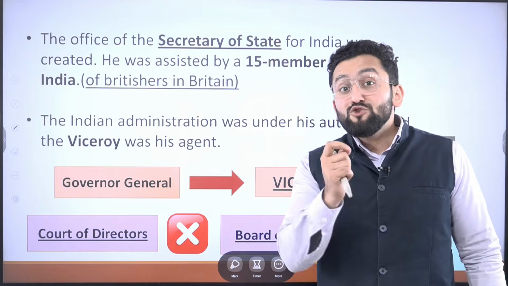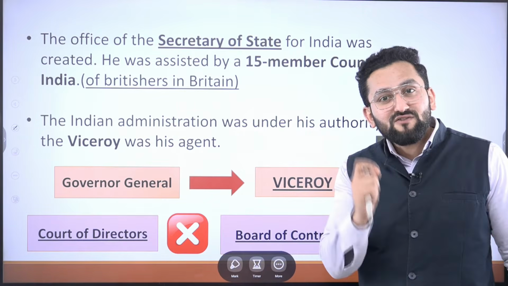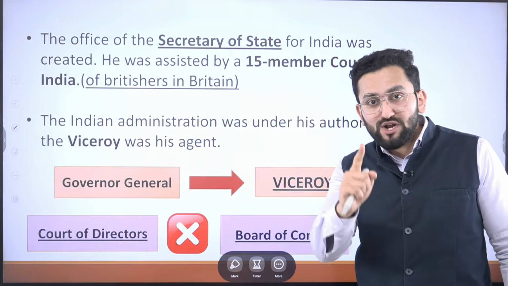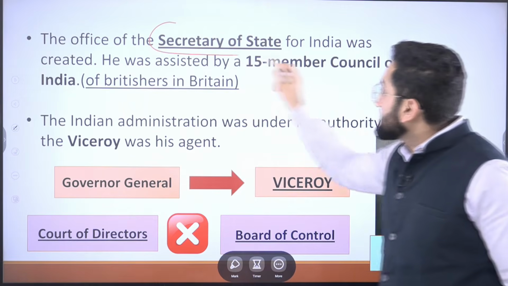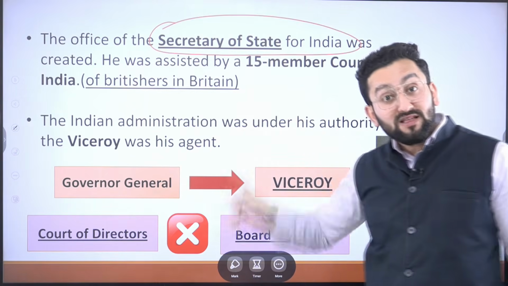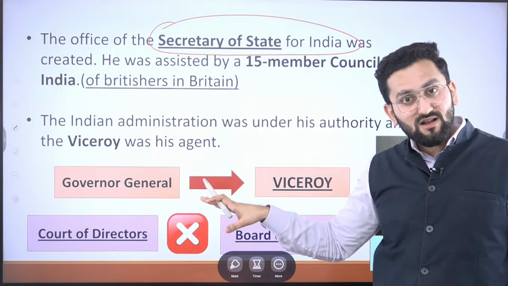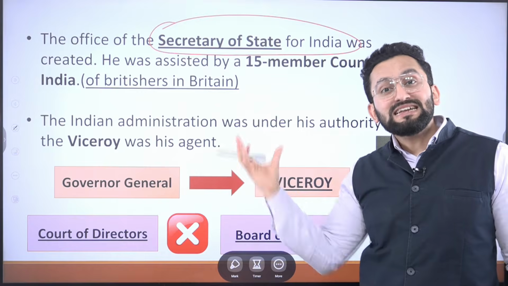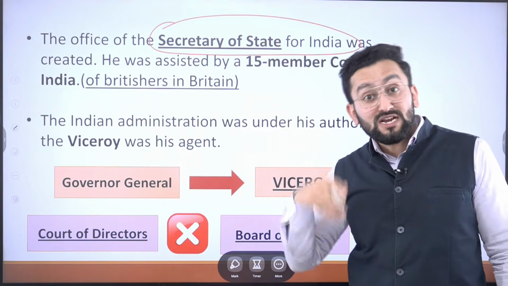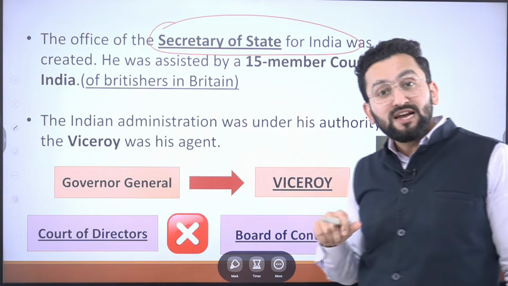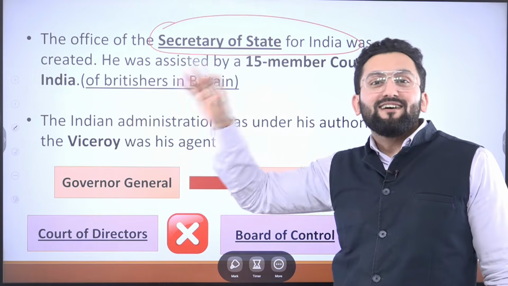Apart from this, a new position was created, Secretary of State for India. This office was supported with 15 members in its council, and this office was maintained in London. But the expenditure incurred in this office was going from India, right?